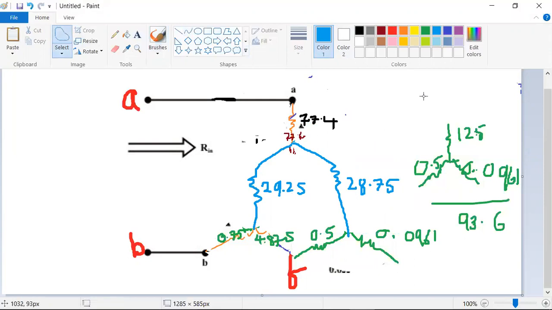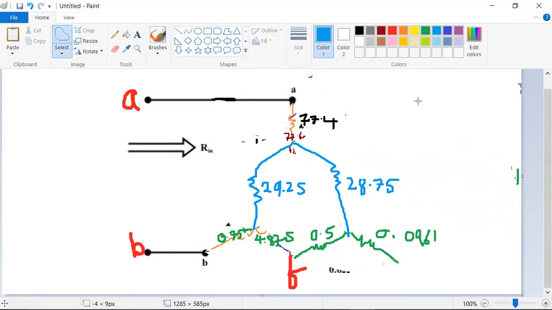Let me remove this unnecessary part. So now this is 27.4. Remove this 27.4. Adding this.